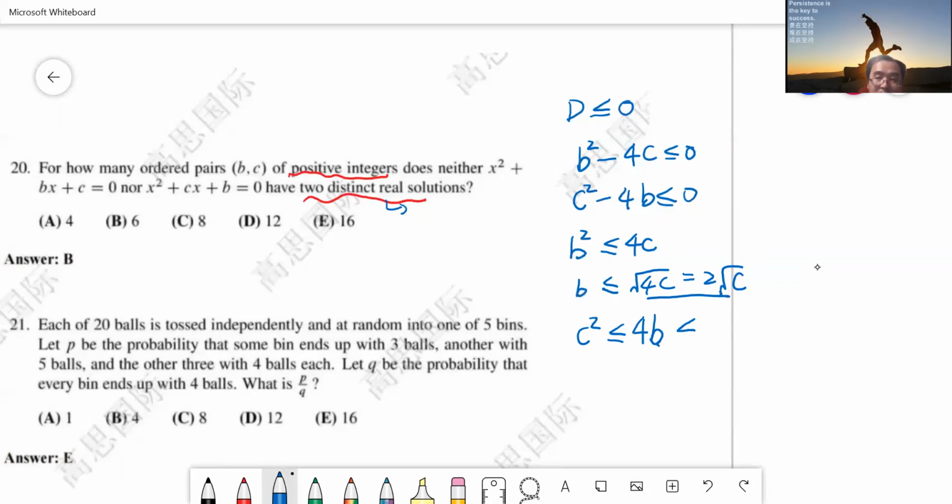We can just continue. That's going to be 4 times 2 square root of c, or we just write 8 square root of c, right? So we rewrite this: c squared is smaller than or equal to 8 square root of c. This one can be written as c to the power 1 half, right? So then we divide by c to the power 1 half on both sides.